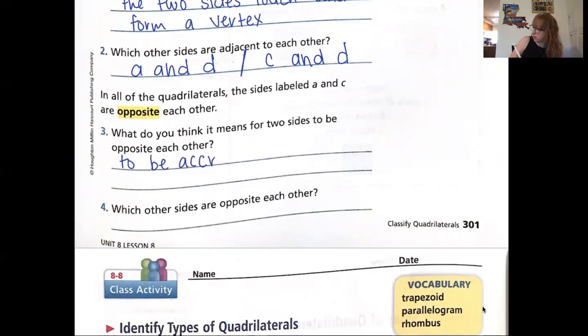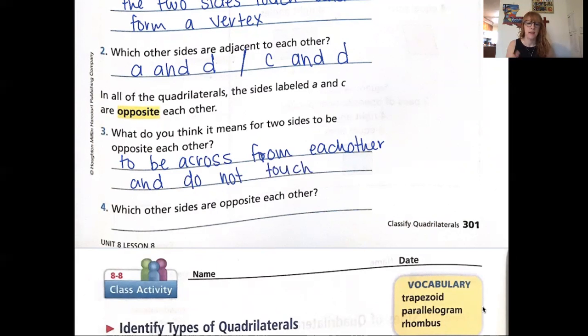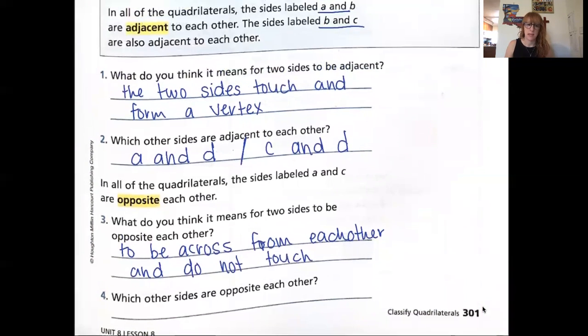So to be across from each other and do not touch. Okay. And then what other sides are opposite each other?